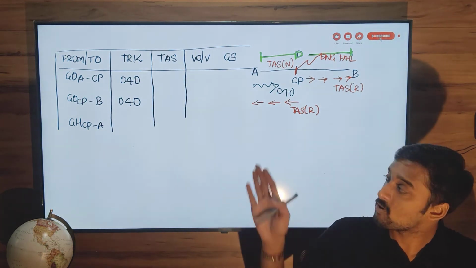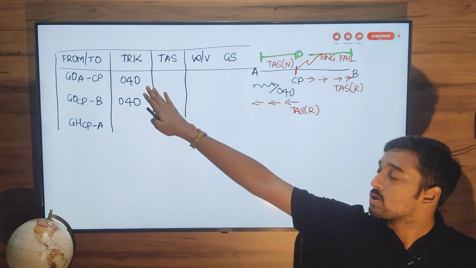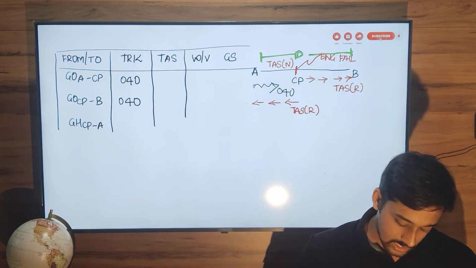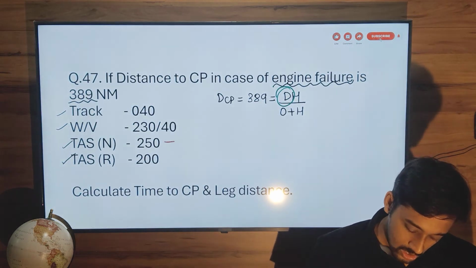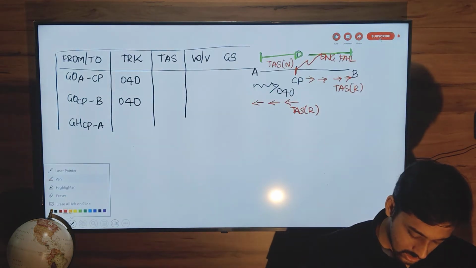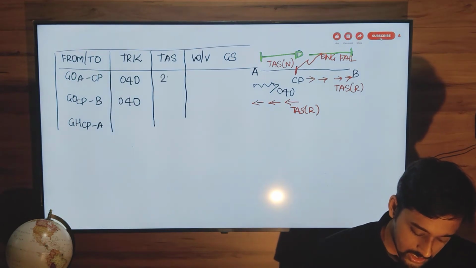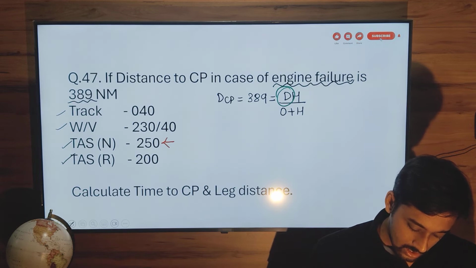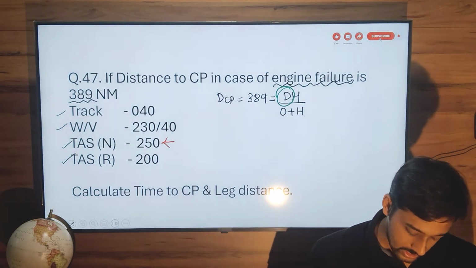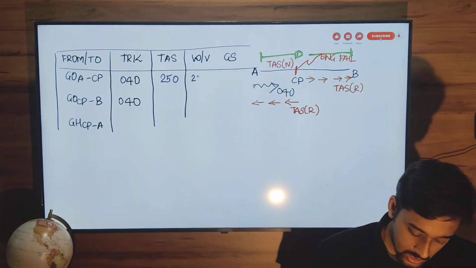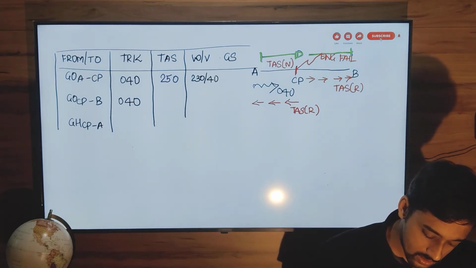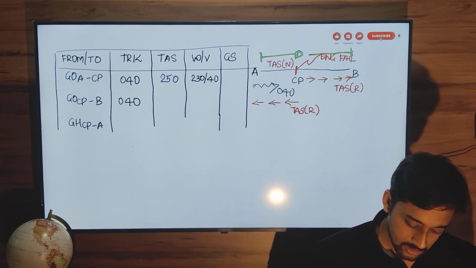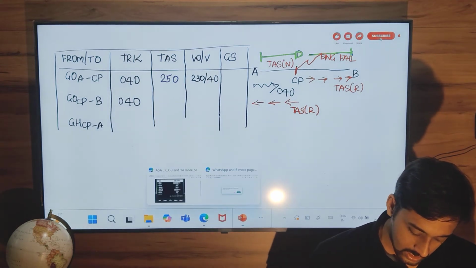So now when you go from A to CP, you have not yet faced an engine failure. So you will be flying at normal TAS, which is 250 knots. Wind velocity is how much? The same, 230 at 40 knots. What is the ground speed? So let's put this in the CX3.